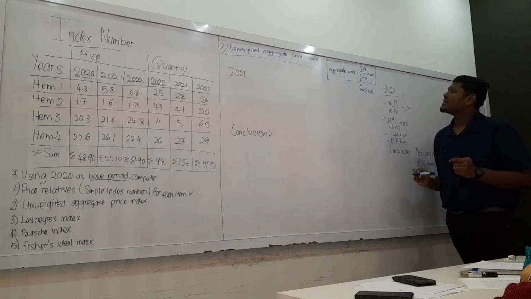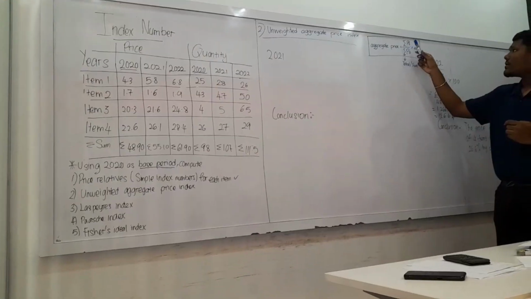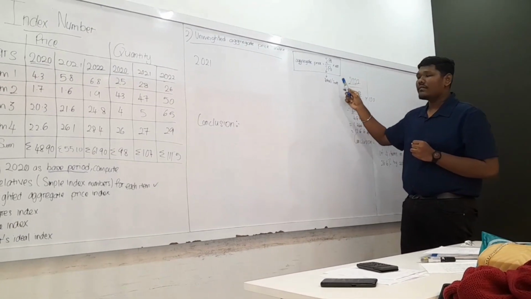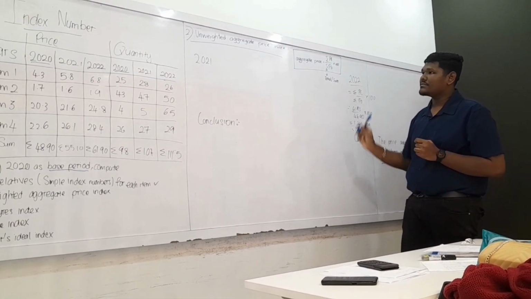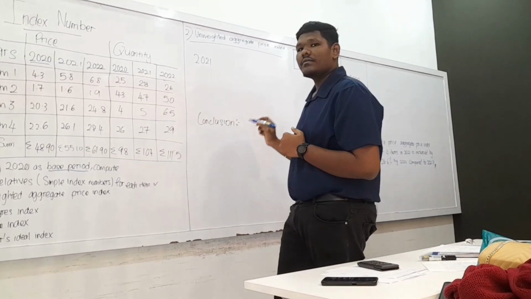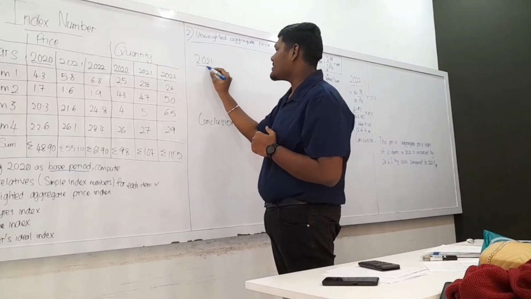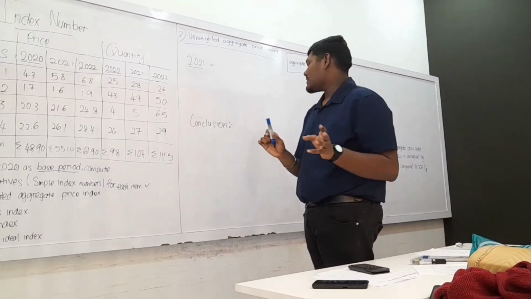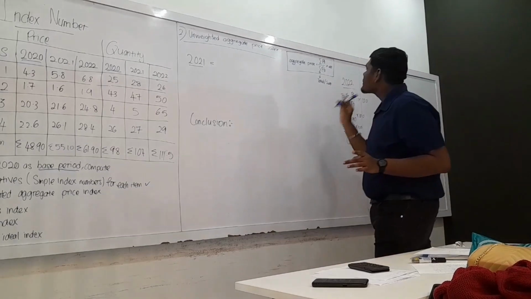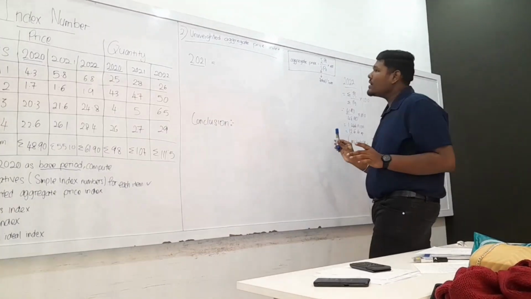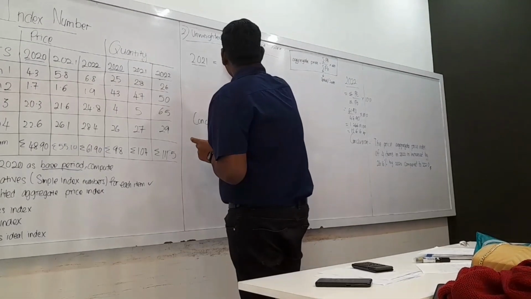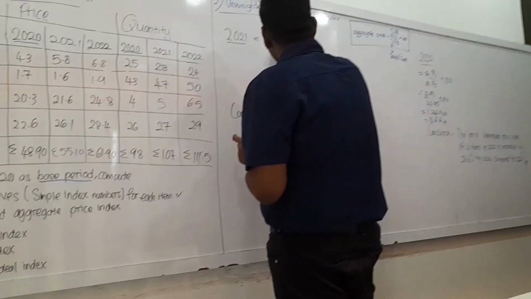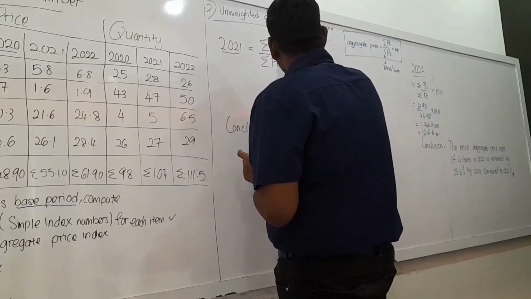So it's asking for the total of current year values over the total of base year values times 100. Okay, so let's redo this for 2021. First of all, you have to remember this. You have to write back the formula, which means sum PT over sum PO times 100.